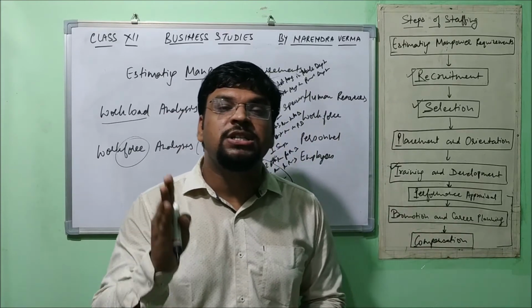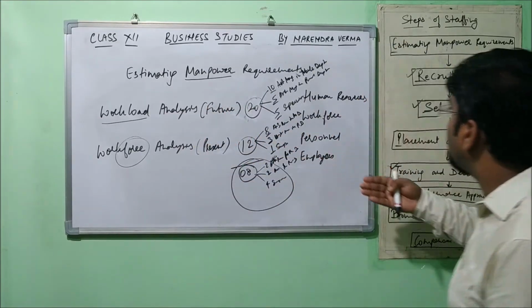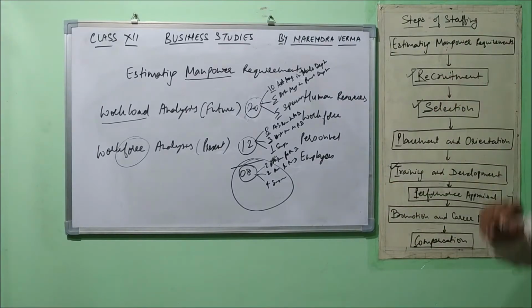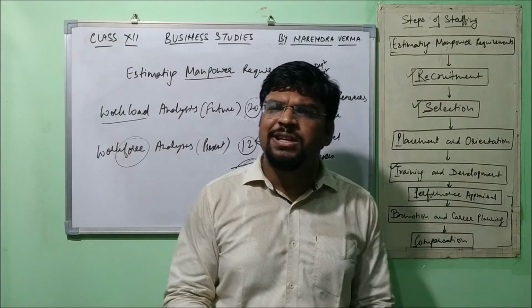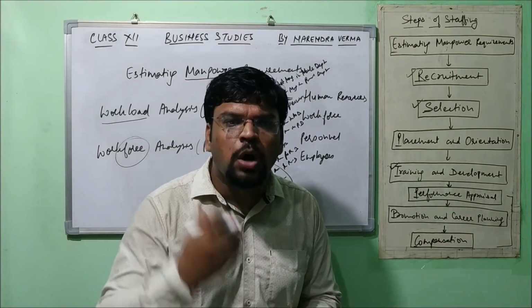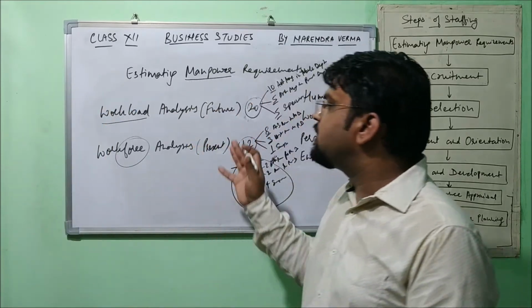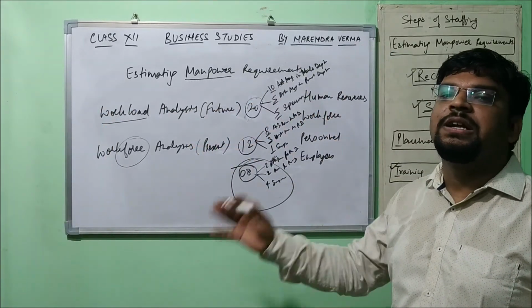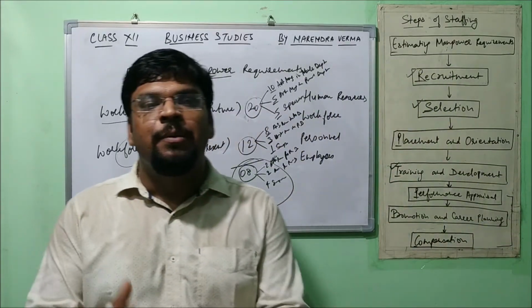If the organization is understaffed, then definitely they'll have to go on with the process of staffing. Further, they'll go on to recruitment. And if it is optimally staffed, then there is no problem at all; it has to go on. Understood the point? So this analysis reveals overstaffing, understaffing and optimal staffing, and according to that the actions are planned.